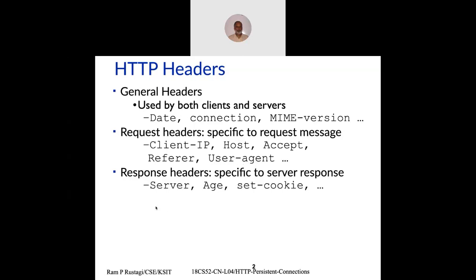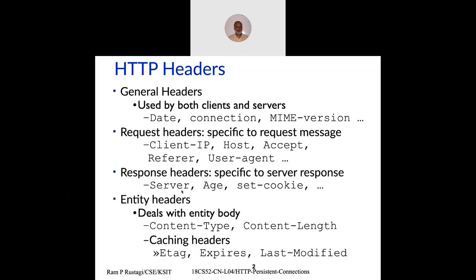Then the server headers, like which server software, is it Apache, IIS, Nginx, what is the age, how long it is valid. And other than that, the important headers are called entity headers, which deal with the content. The most important header is called content type. Content type determines how a browser or the client renders the content.